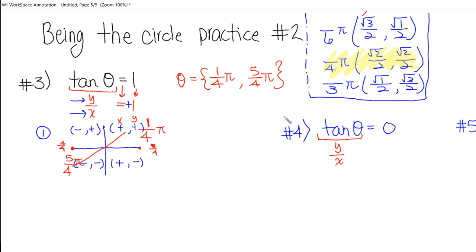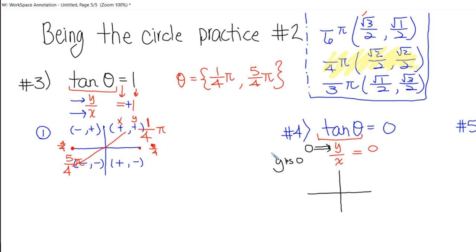So we're saying this entire fraction should equal 0. I hope you remember in class that we talked about how in any fraction, if you have a numerator of 0, then the entire fraction becomes 0. So in this case, we know that y is 0.